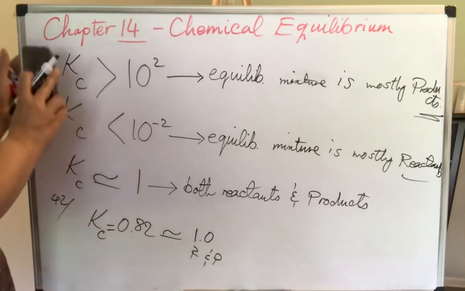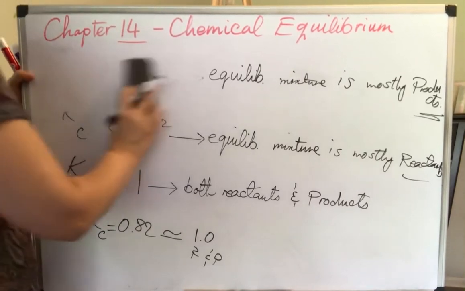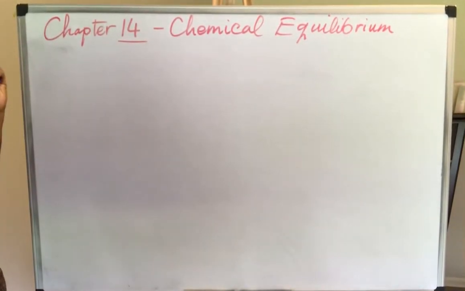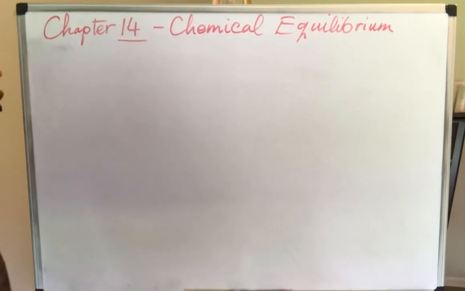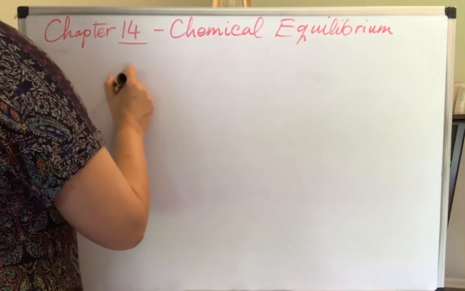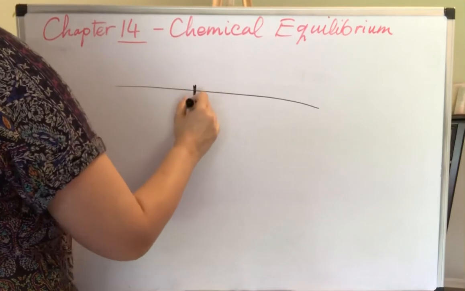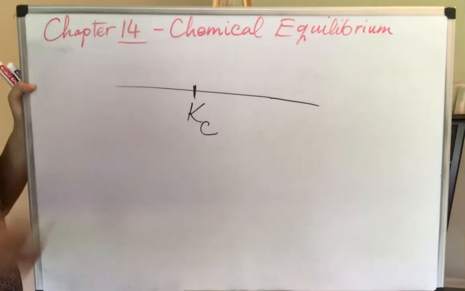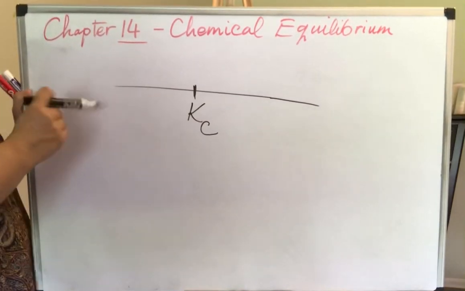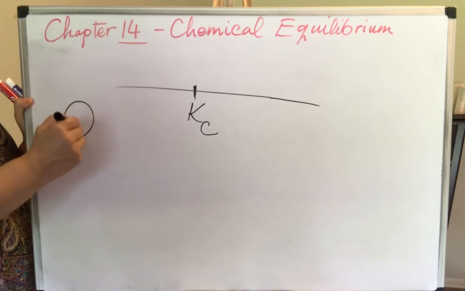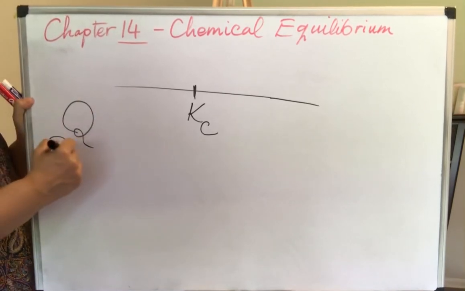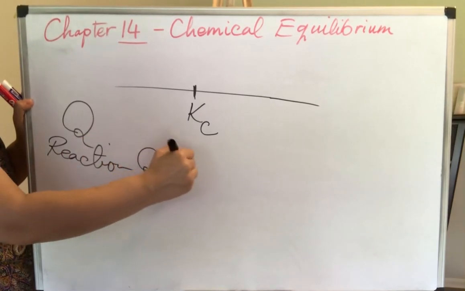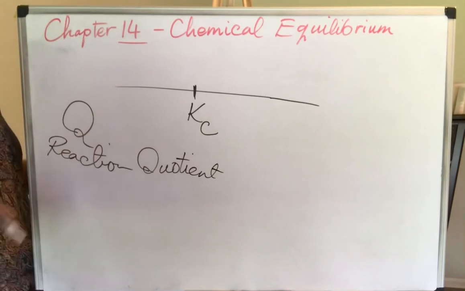The next application of the value for Kc is this. Let me give you a very simple example. Let's say Kc is here, the equilibrium system. Let me introduce you to a term: Q, or reaction quotient.